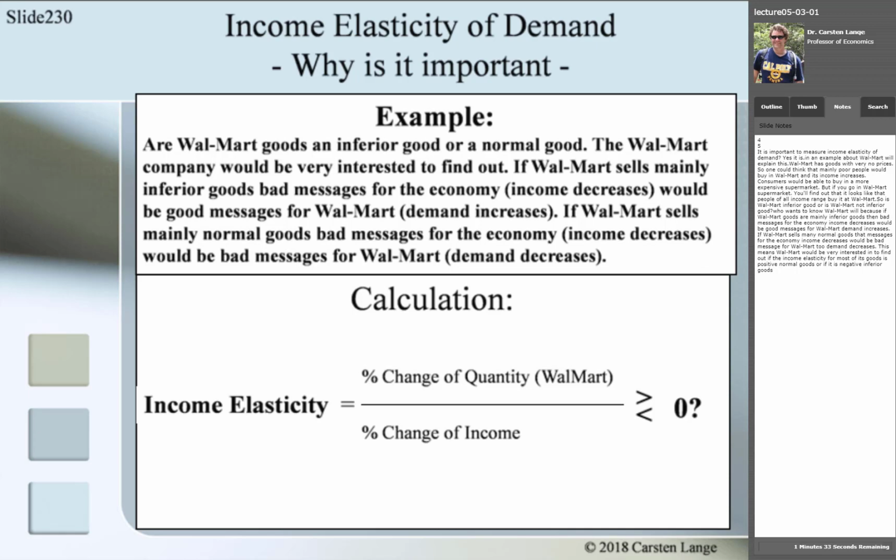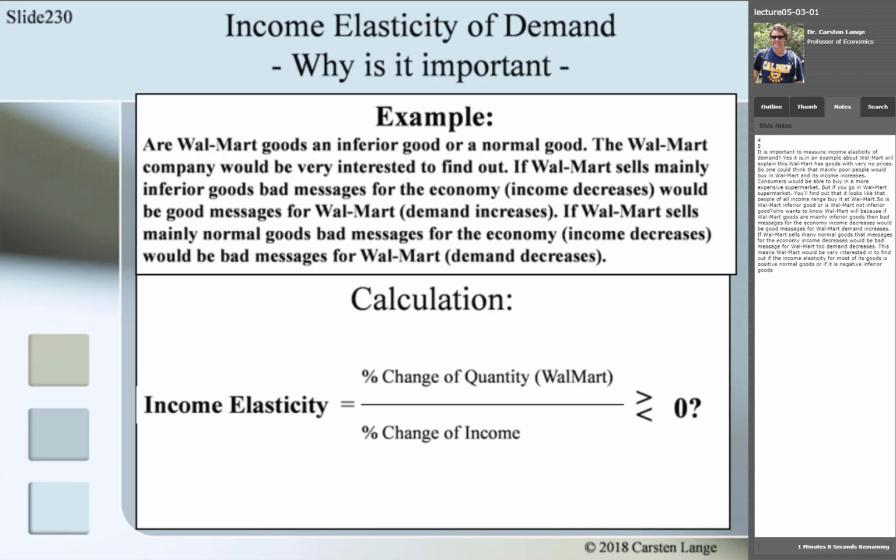So is Walmart an inferior good, or is Walmart not an inferior good? Who wants to know? Walmart would. Because if Walmart goods are mainly inferior goods, then bad messages for the economy, income decreases, would be good messages for Walmart, demand increases.